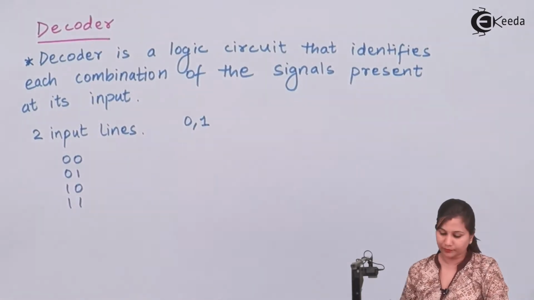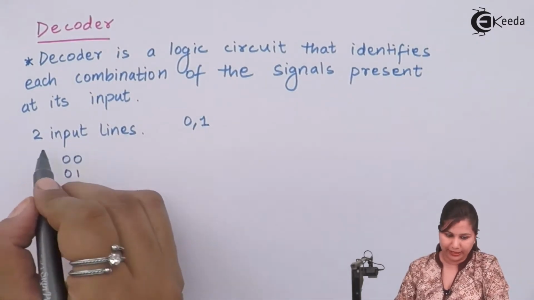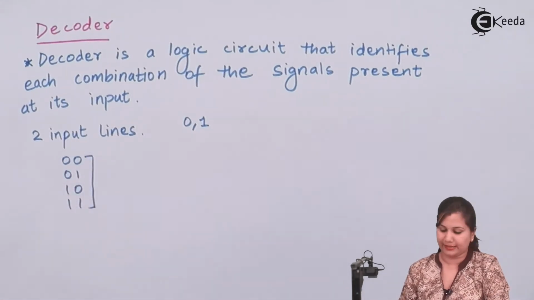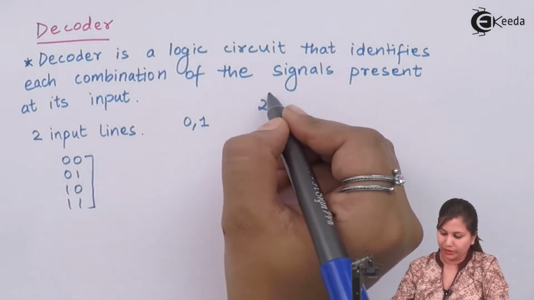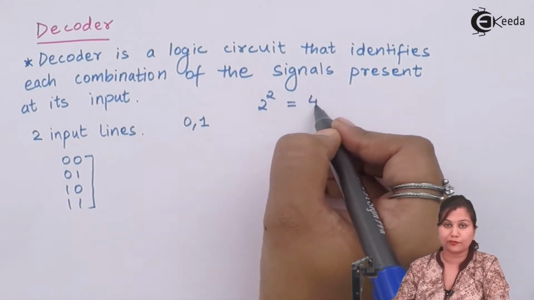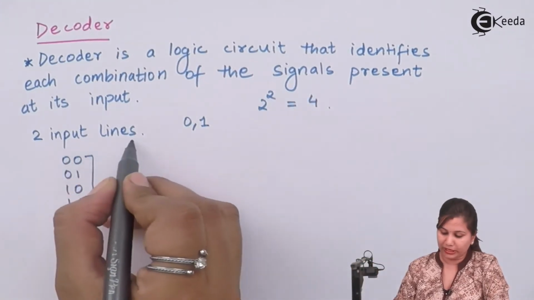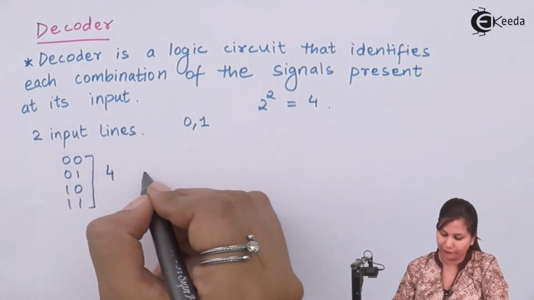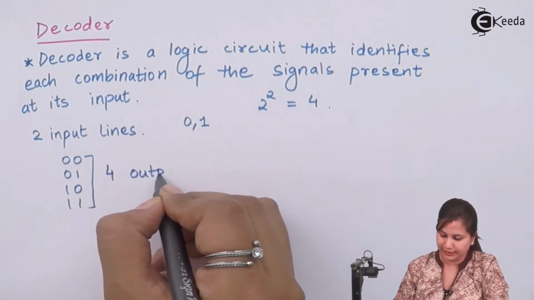Now these input lines will give us four output lines, 2 raised to the power 2, that is 4. So these two input lines can have 4 combinations, and we will have 4 output lines.